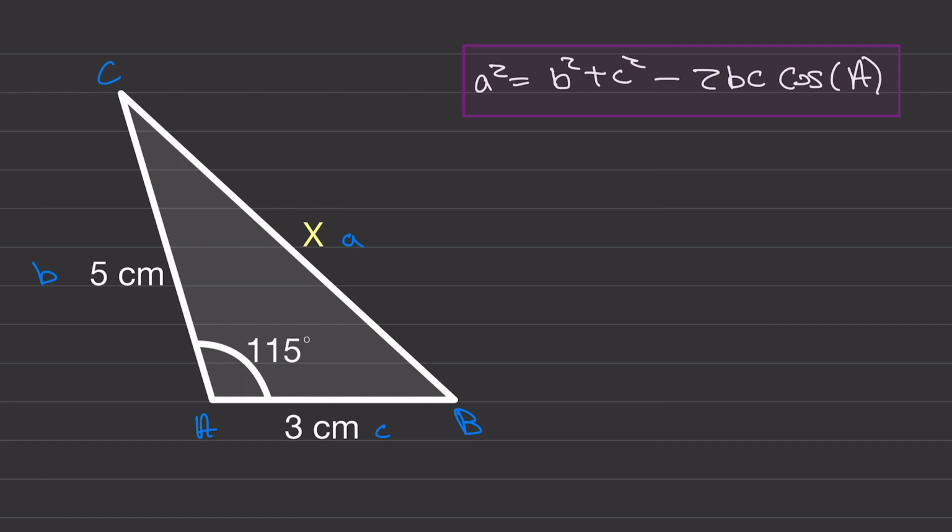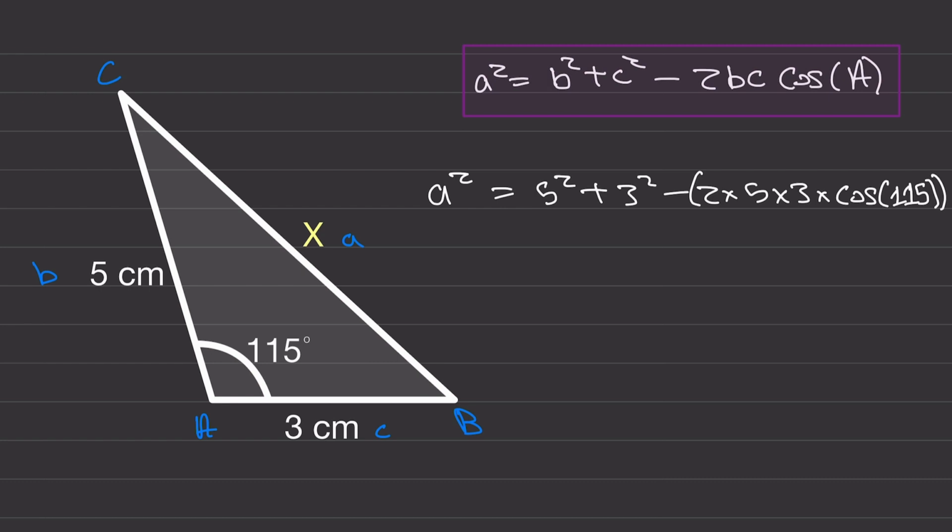That would mean a squared is equal to b squared, which is 5 squared, plus c squared, which is 3 squared, minus 2 times b, which is 5, times c, which is 3, times cosine of A, which is 115.